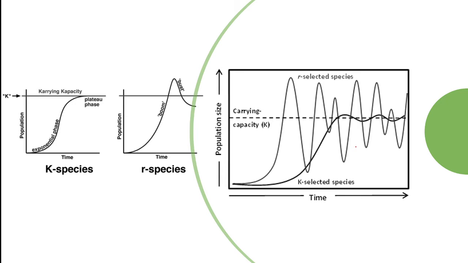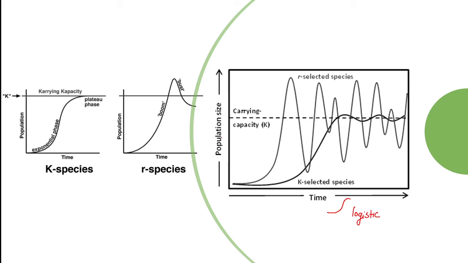Or you may say that for K selected species, the growth curve is S-shaped, what we call exponential or logistic growth curve, and then you can see there is more or less the same line because they have reached the carrying capacity.